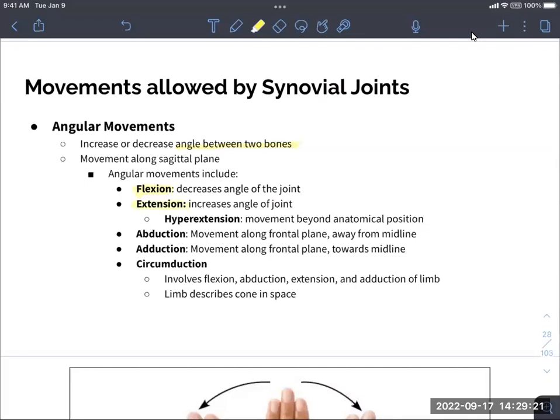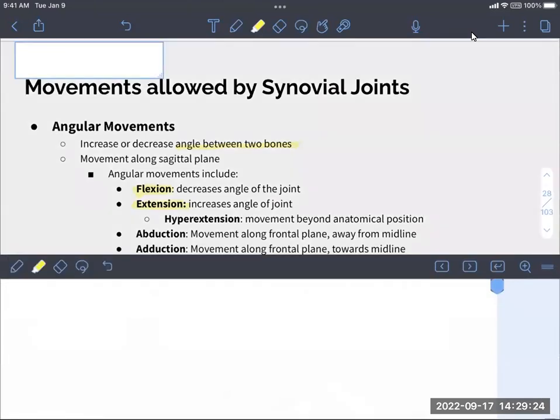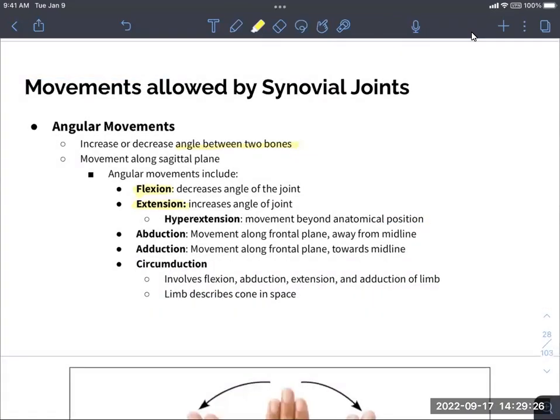Extension increases the angle of the joint. So extension is if you bend back. But hyperextension goes beyond anatomical position. So if you bend your head back as far as it'll go, that's hyperextension.